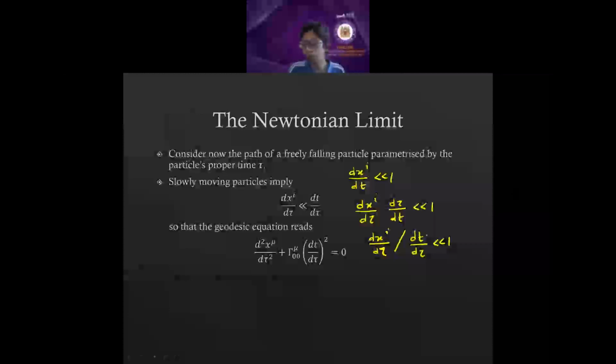If you then bring this dt over d tau to the right hand side, you obtain this equation. So this means that the rate of change of the position with respect to the proper time is very much smaller than the rate of change of the coordinate time t with respect to the proper time tau.